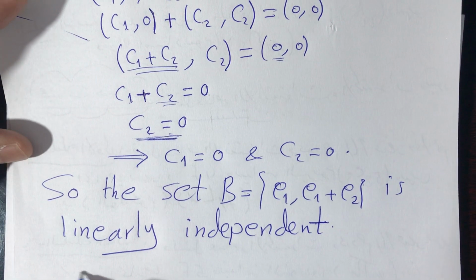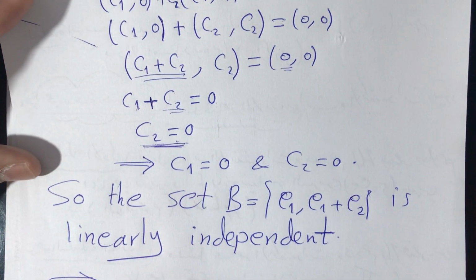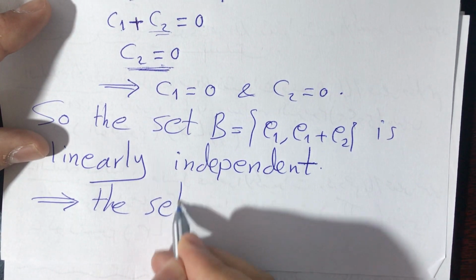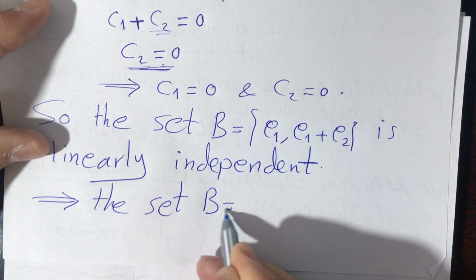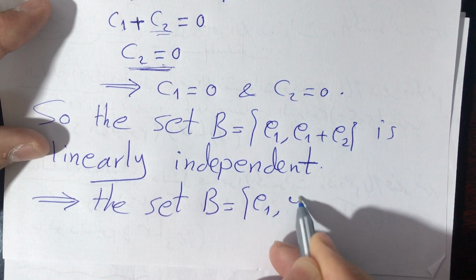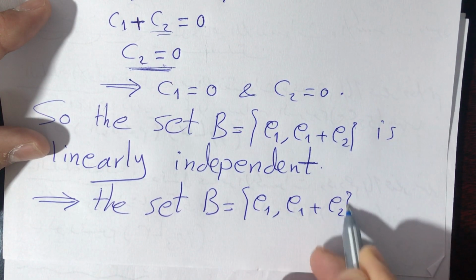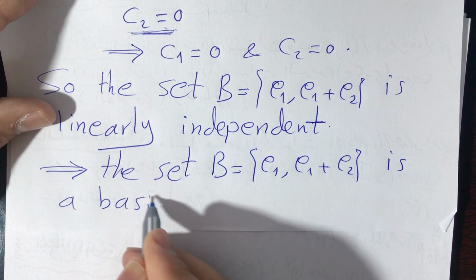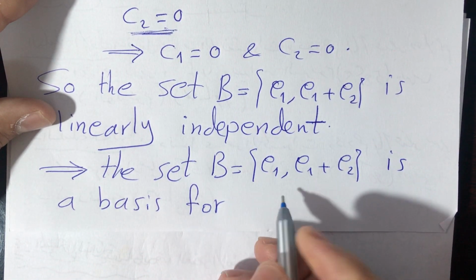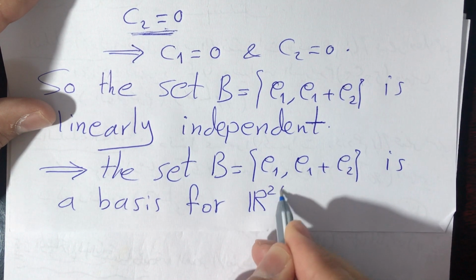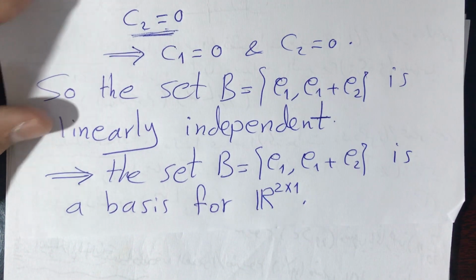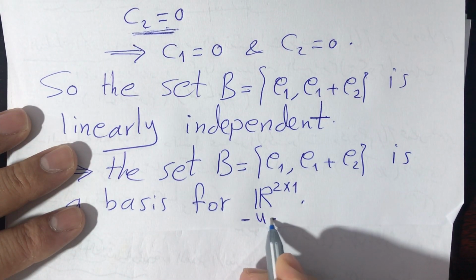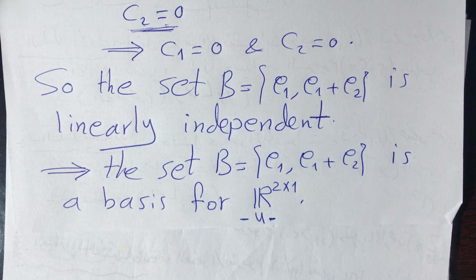Now this implies that the set B equal to {E1, E2} is a basis for R2 times 1, and this finishes the example. It's page number 4. Finish this example.